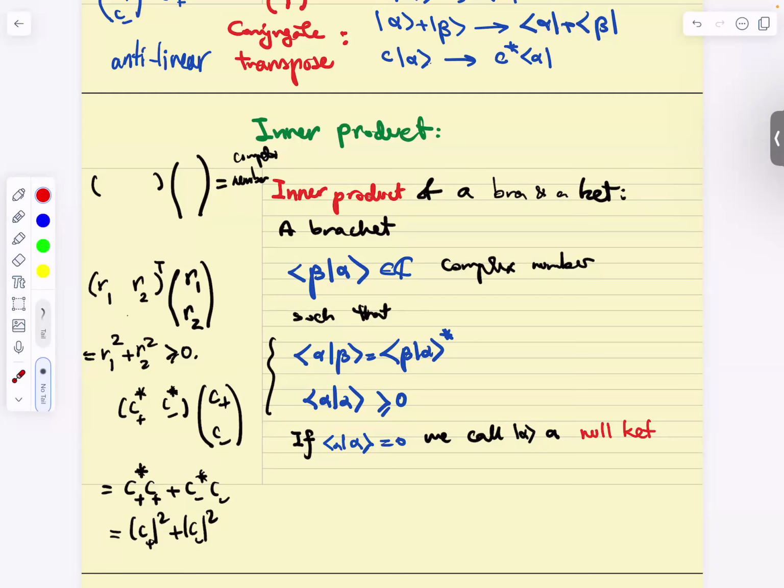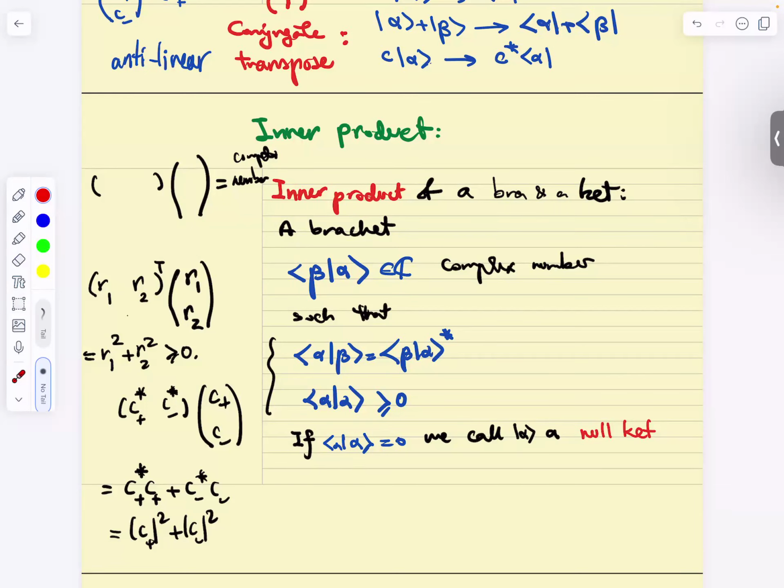The reason we want the inner product to be the transpose and complex conjugate is that we want to interpret this as a notion of length generalized to complex vectors. This is precisely the reason, right? The inner product gives you a notion of length.